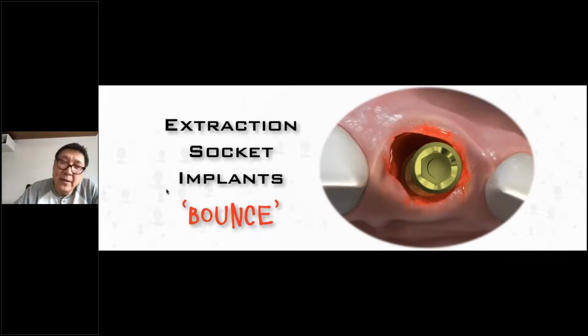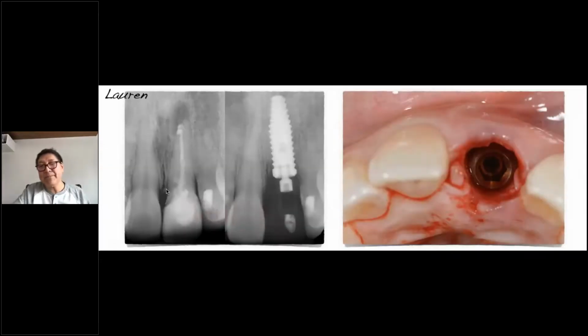And then you end up with having an implant that's too close to the lateral, and hence you tend to lose the lateral incisor, and that's why Marcus said that.